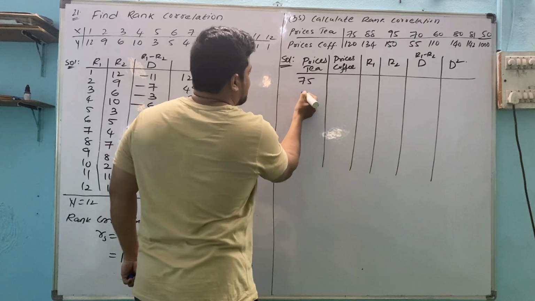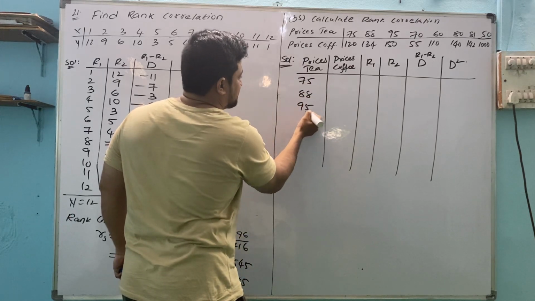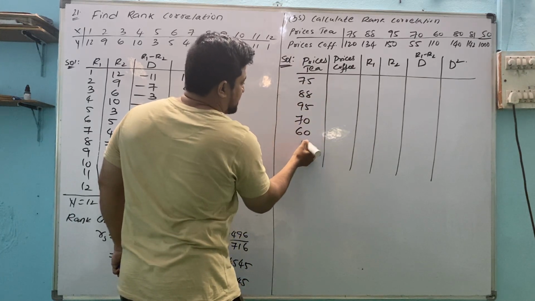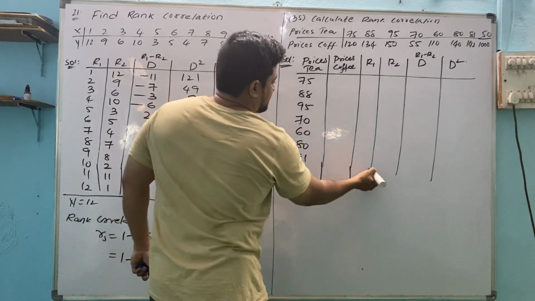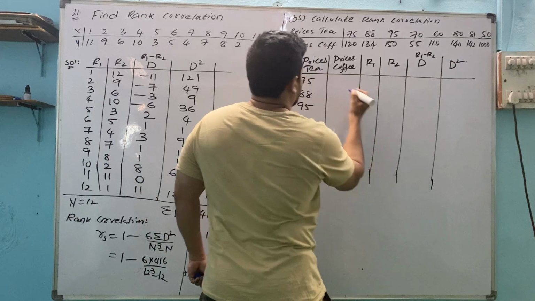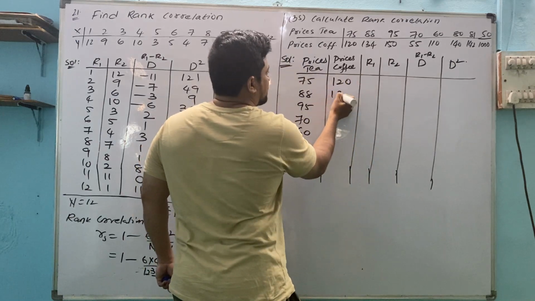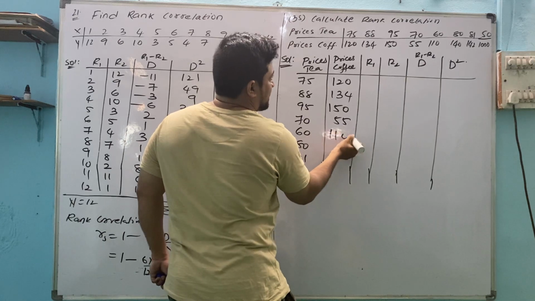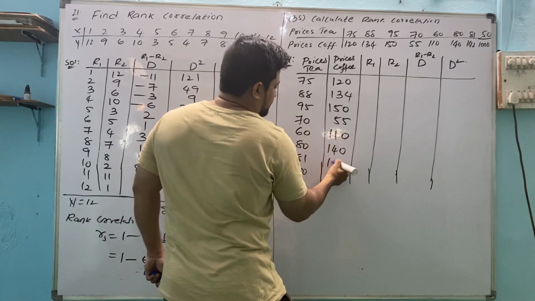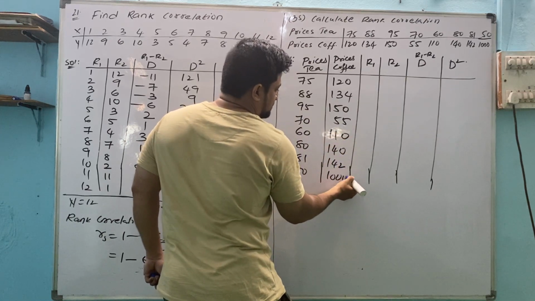Prices of tea: 75, 88, 95, 70, 60, 80, 81, 50. In the second case: 120, 134, 150, 55, 110, 140, 142, 1000.